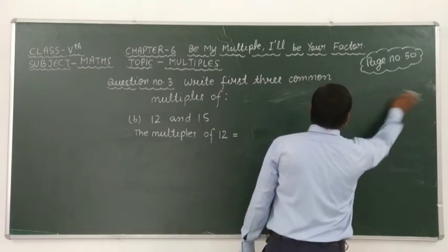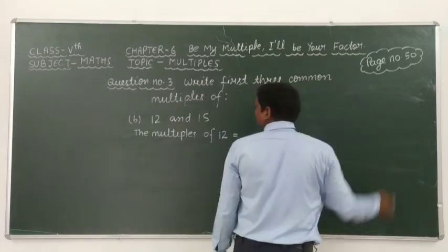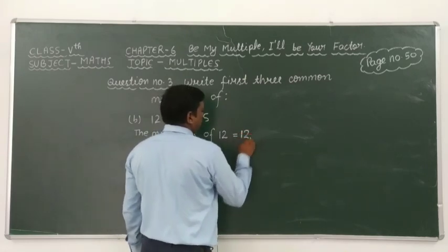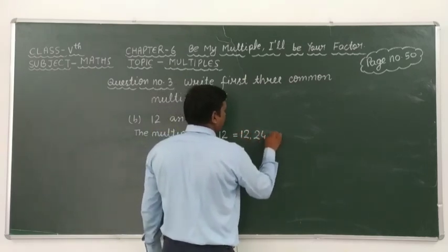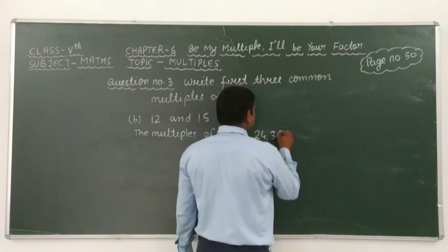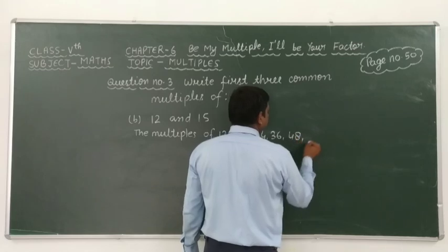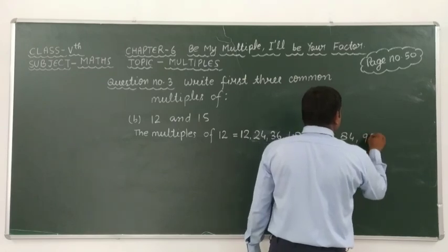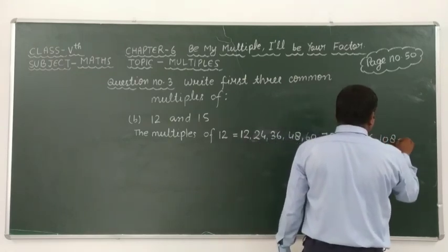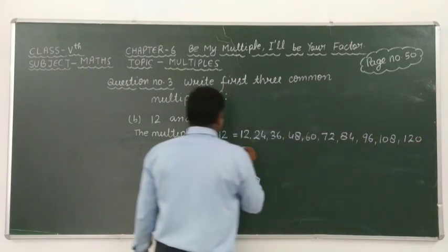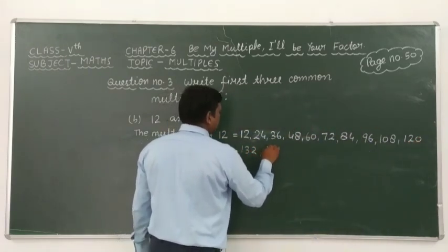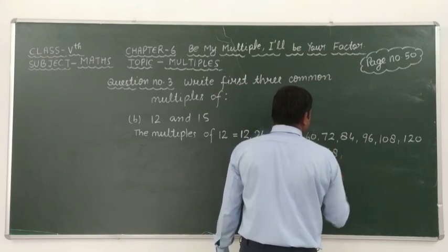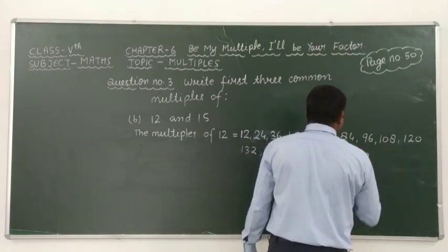Look at here carefully. Then the multiples of 12 are 12 1s are 12, 12 2s are 24, 12 3s are 36, 12 4s are 48, 60, 72, 84, 96, 108, 120, 132, 144, 156, 168, and in last 180.